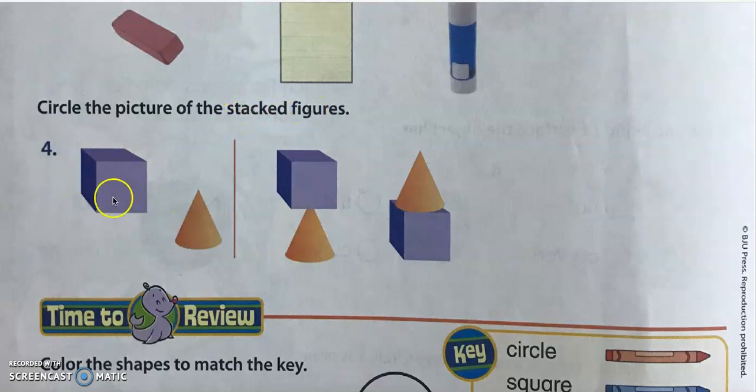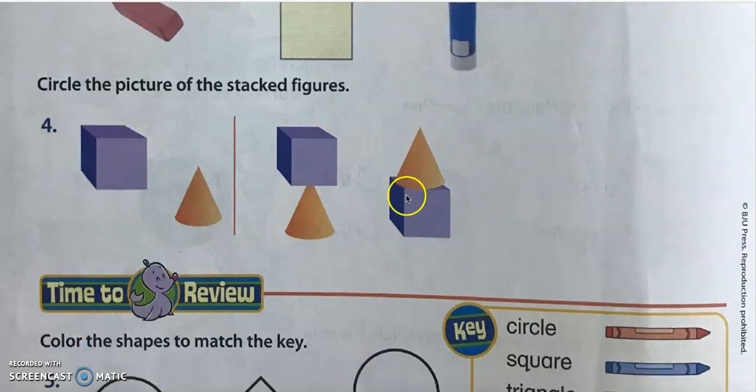This is not stacked at all, right? Is this stacked nicely? No, it cannot be stacked like this. Yes, this one, right? Can be stacked. And it looks very safe. So go ahead and circle the last one. This is the stacked figure.